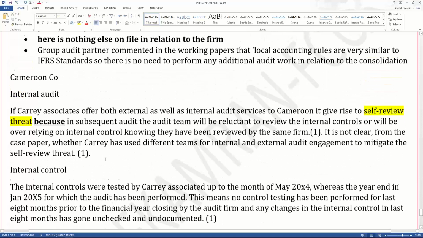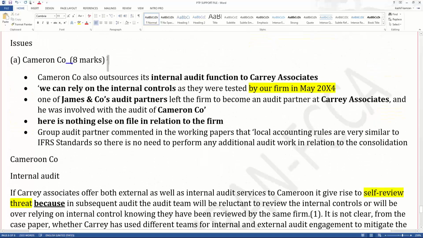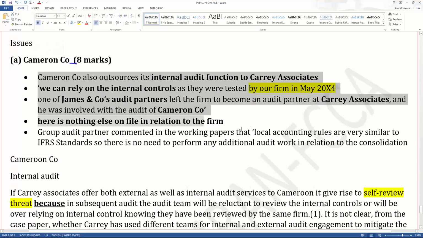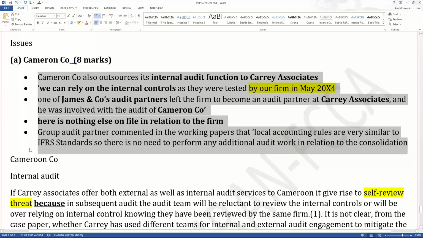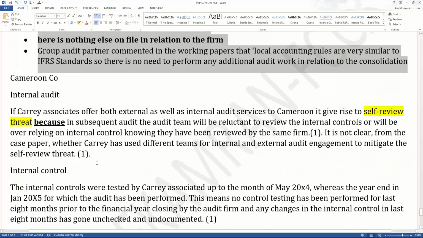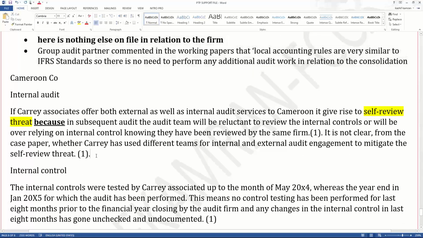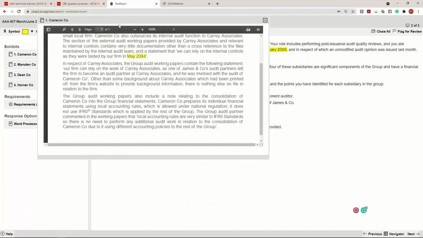So you complete this first issue, Cameroon, as your assignment. I just gave you guidance on how you go about raising issues in Cameroon. We identified the issues yesterday, and I drafted some of the issues for you just to show how you draft a 1-point answer. Now, once you complete Cameroon, you go back to your exam paper on your screen.